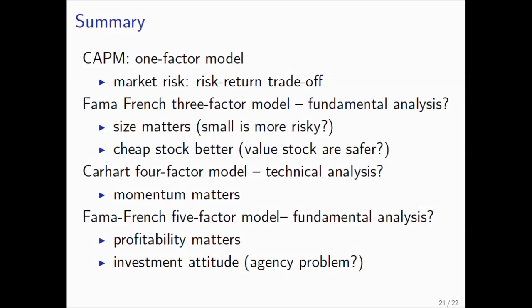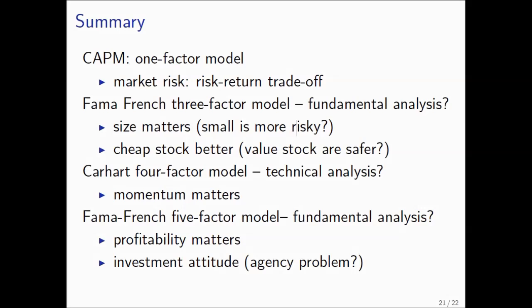So basically what it says is the risk-return trade-off, which is the standard thing we know. And the next is the Fama-French three-factor model. This one is very well cited, and more or less it's like fundamental analysis, because it says size matters, meaning small companies tend to be riskier. We know a startup is smaller and a bigger firm is more stable, so it reflects some of that.